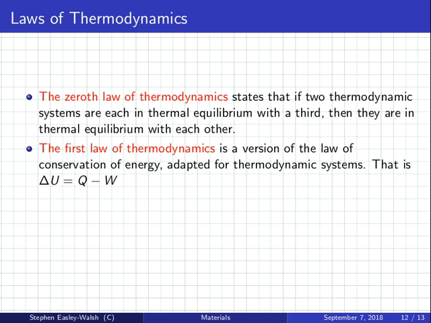So this formula is useful because it tells you, if you look at how much heat energy you put in and how much work you get out, the difference is how much extra internal heat energy you have in your engine. Obviously you want this to be small, because if you put Q in and you get W out, you don't want to waste your Q by making the internal energy bigger.